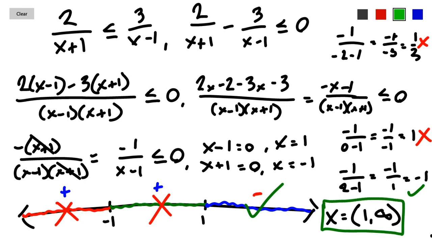And this 1, even though we have a less than or equal to symbol, is not included, because if we plugged it in to any of the fractions, it would come up undefined. So we cannot include it anyway, regardless of the inequality sign.